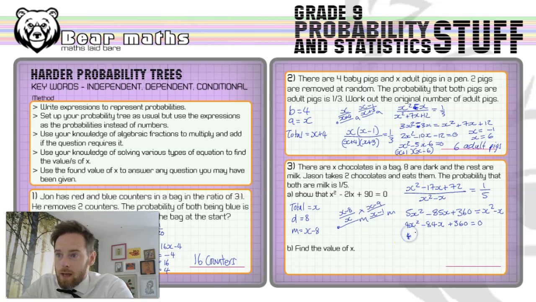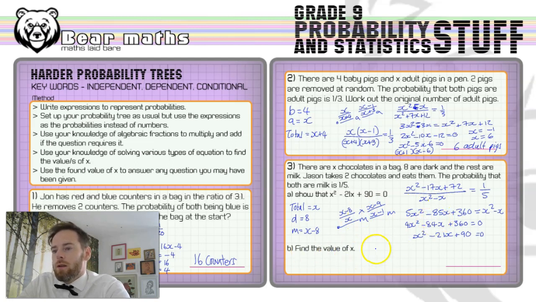So x squared minus 21x, and then 360 divided by 4 is 90. And I haven't looked to see if that actually matches, but it does. There we go, we've got what we wanted, and we've shown using the method that I've gone through in the other couple of questions as well, how we got there.